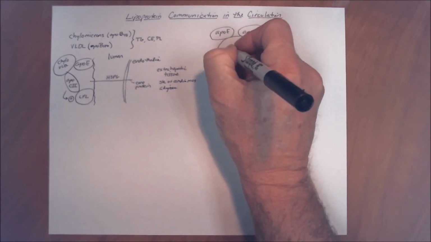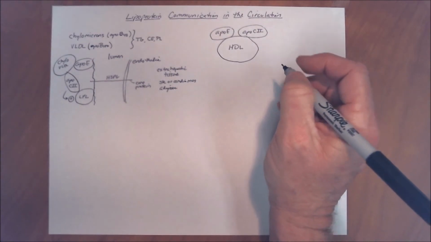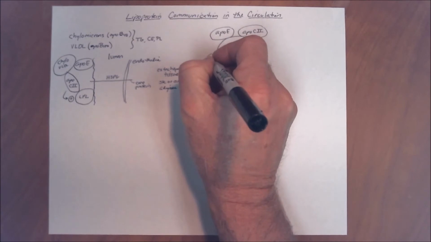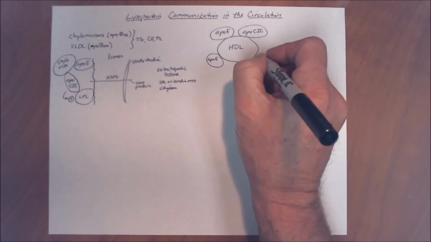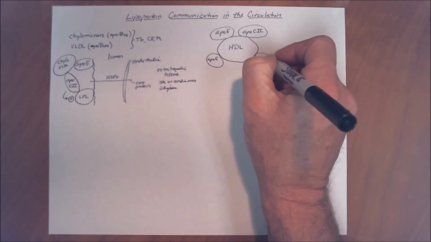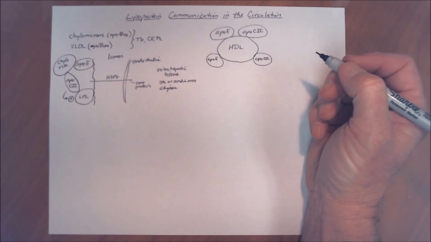And this is done by transference of these factors from HDL, high-density lipoprotein. So HDL essentially serves as a reservoir for these apoprotein factors.